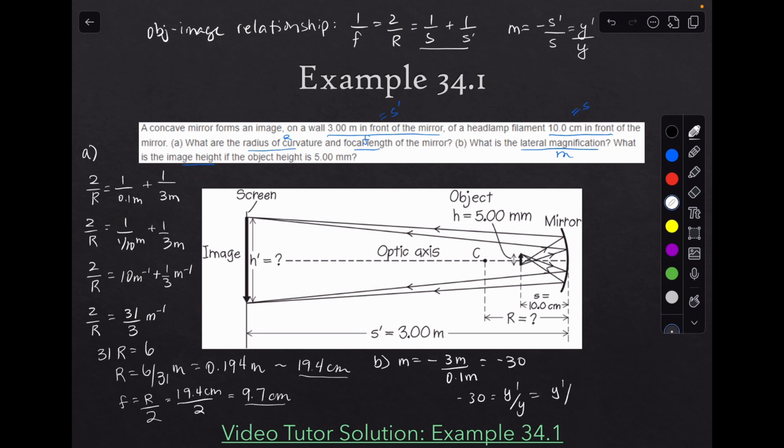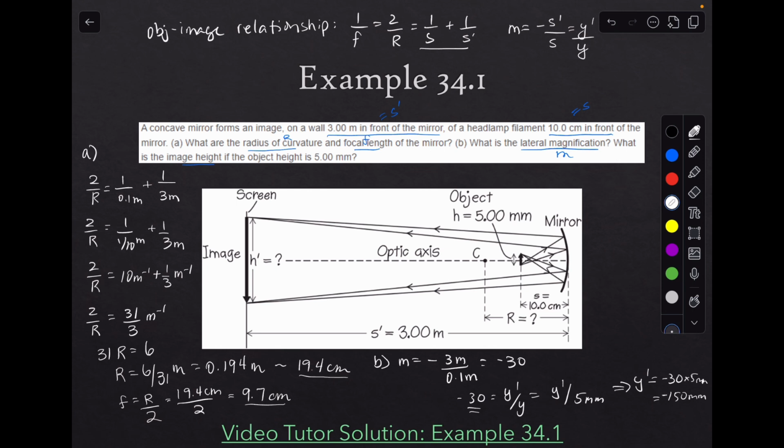This is 5 millimeters, so I can actually choose whatever units I want since the left-hand side is unitless. I can go ahead and leave this as 5 millimeters, and I will know that y prime will be in the order of millimeters. So y prime then is going to be negative 30 times 5 millimeters, which is negative 150 millimeters.